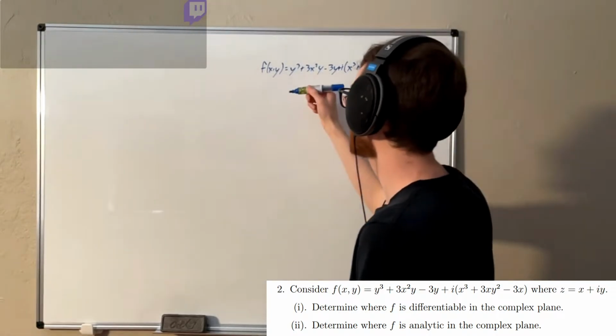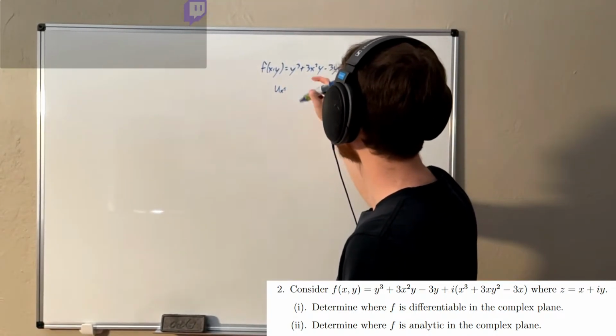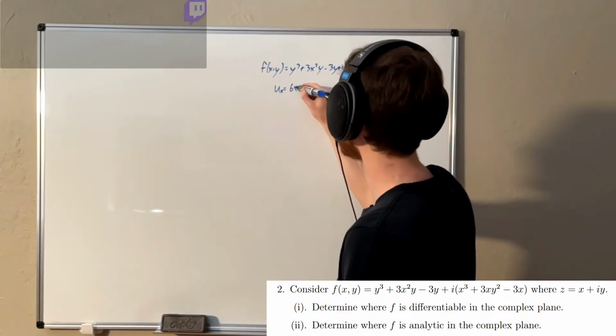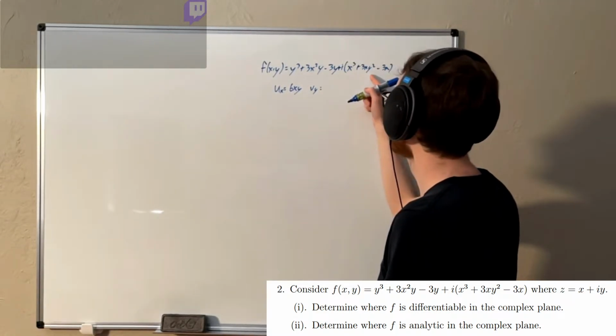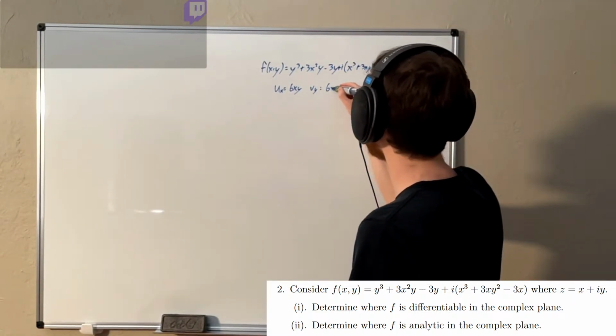All right, so u sub x is 6xy. V sub y is 6xy.